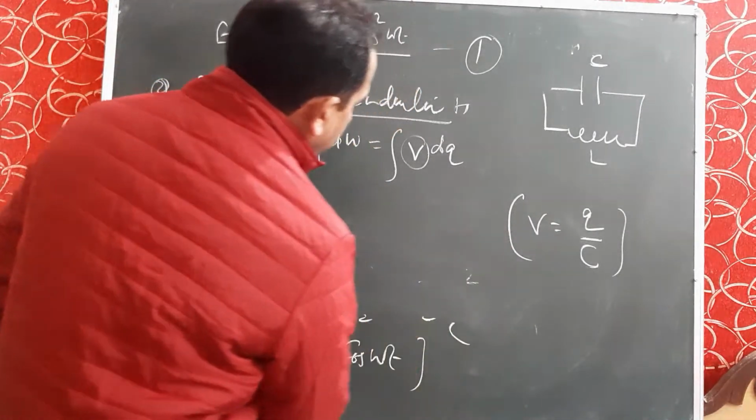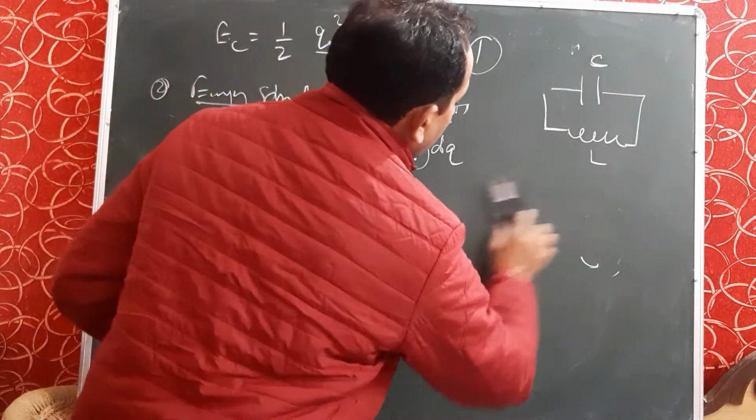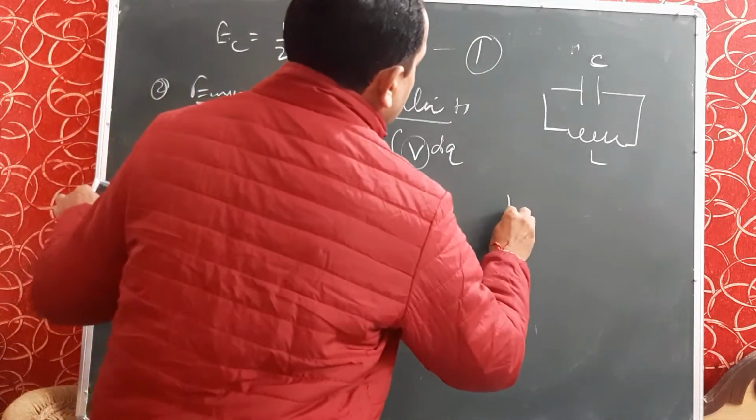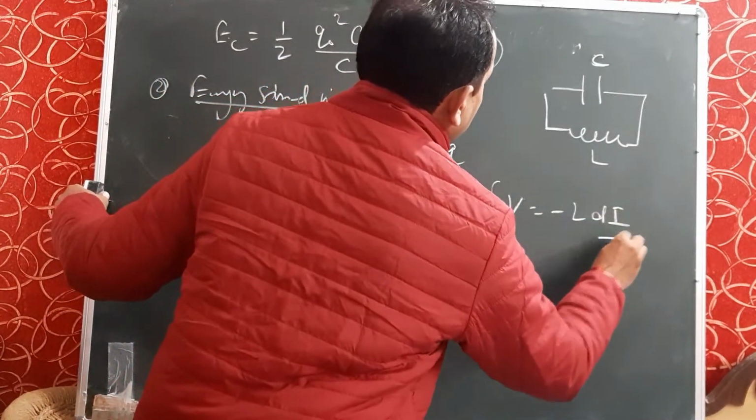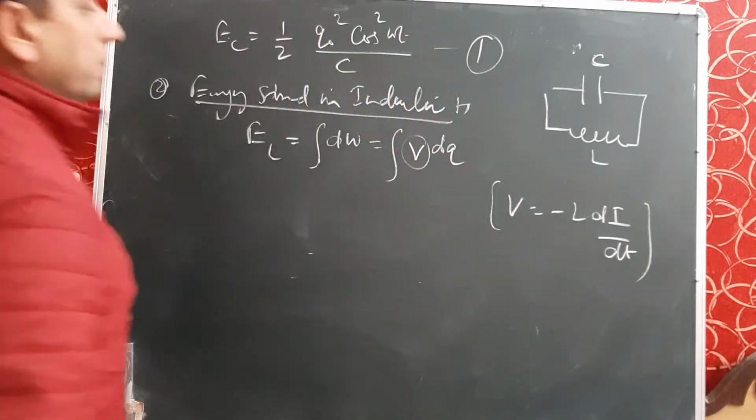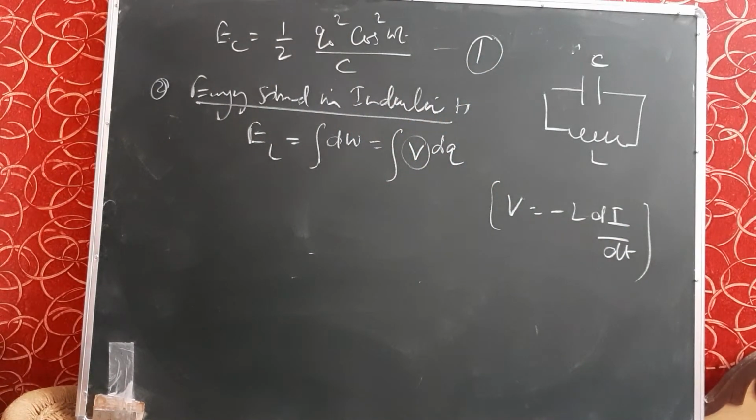So, in case of inductor, voltage V or EMF is equal to minus L di upon dt. You have read this formula in induced EMF or voltage produced in case of inductor. So, V is equal to minus L di upon dt. This is Faraday law.